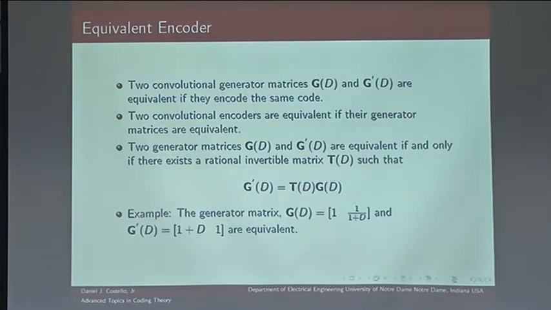And one of the things you want to do because of the complexity issue is always try to use an encoder which has as few shift register stages as possible, so you have the minimum number of states. And also, if systematic is important to you, you might want to use a systematic encoder.